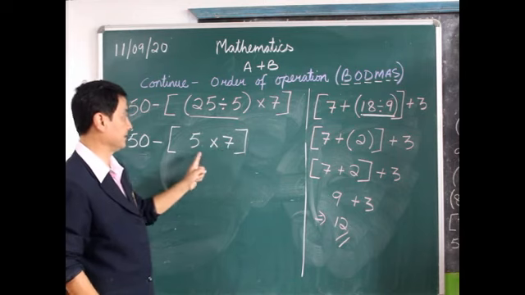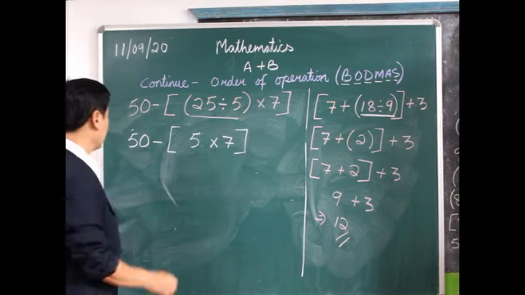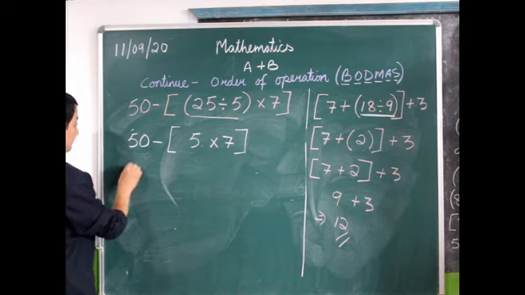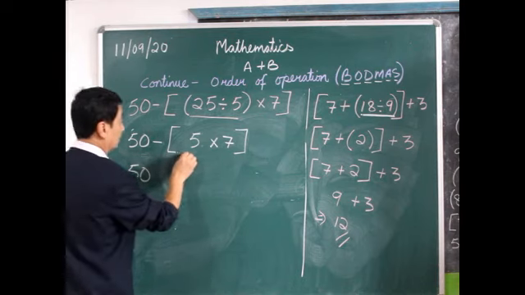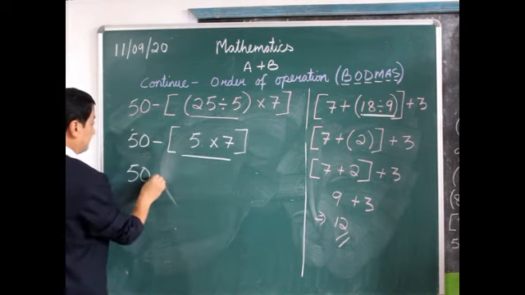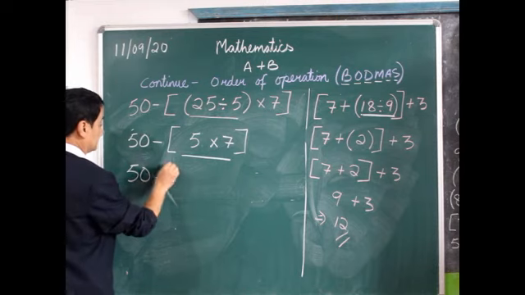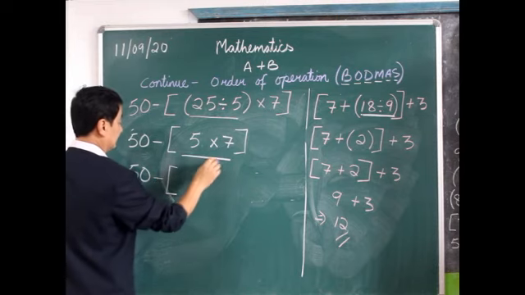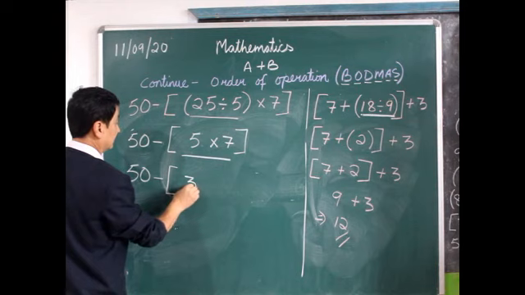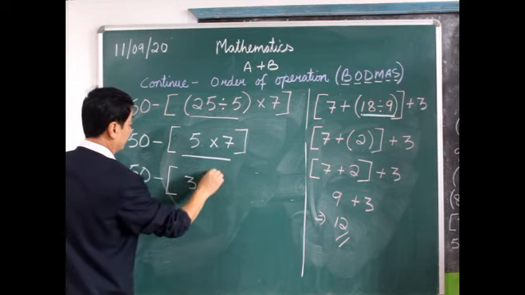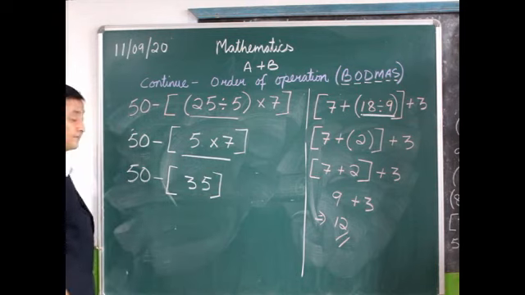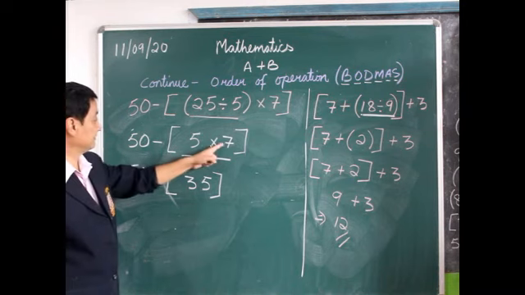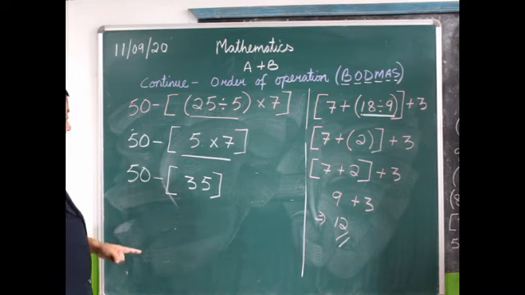There's still a bracket here, okay, at the end. Now, 50, first we must do what is inside the bracket, minus 5 sevens are 35.